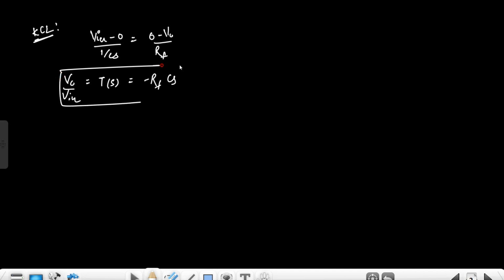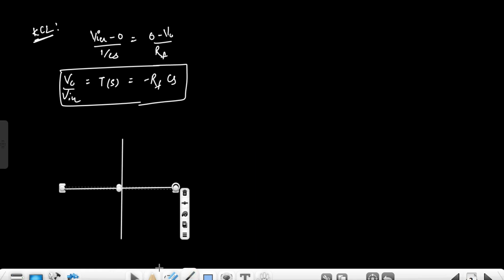This is the transfer function. And we can clearly see that there is a zero at origin, so the pole-zero plot will be simply a zero at origin. So that is the pole-zero plot of this ideal differentiator.